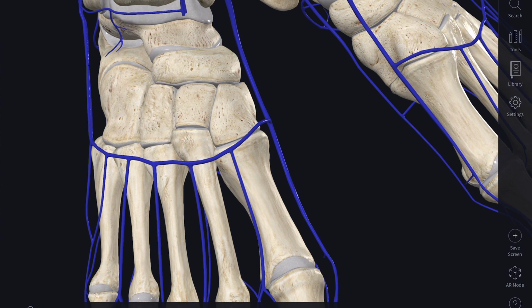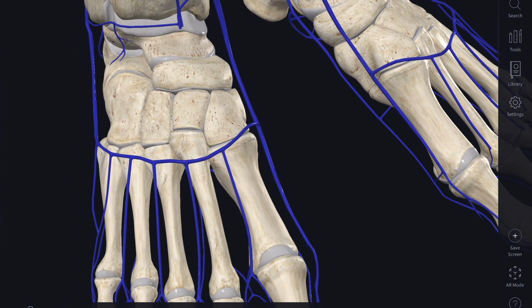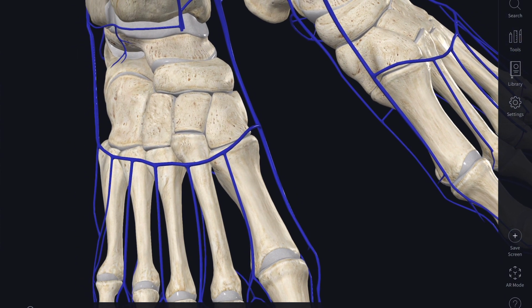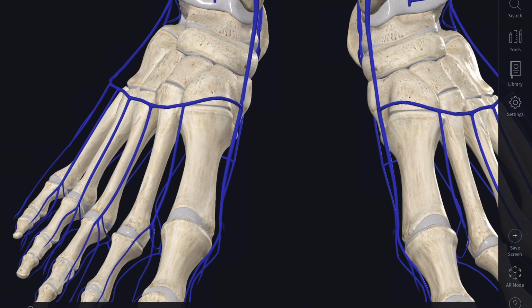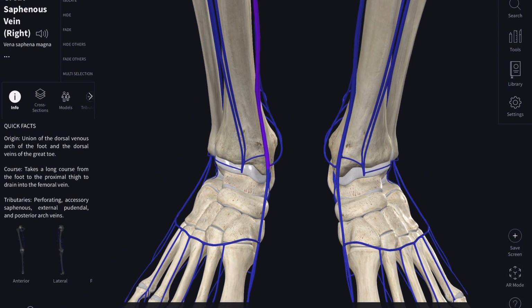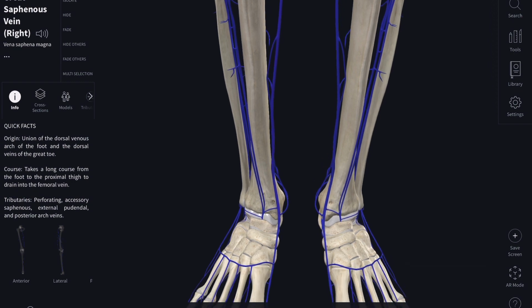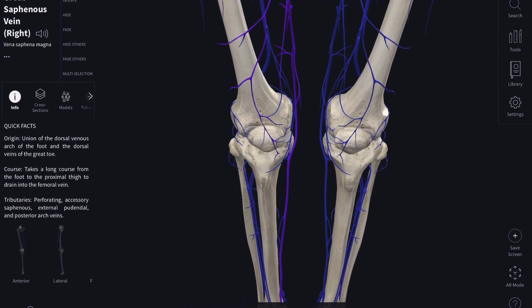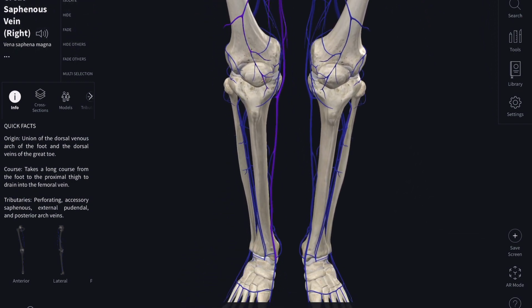Now, the dorsal venous arch is going to empty into 3 veins. 2 of them are superficial and 1 is deep. On the medial side, the dorsal venous arch is going to empty into this structure right here, which is the great saphenous vein that extends all the way up to the thigh. I'm going to show you how it's going to extend all the way up to the thigh.